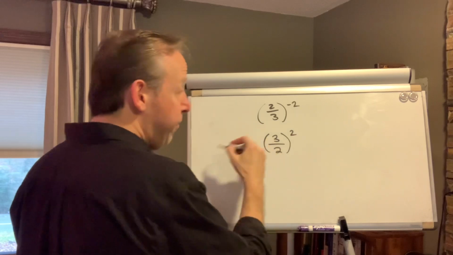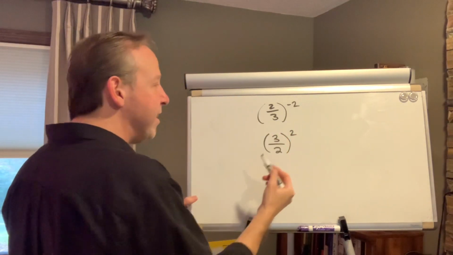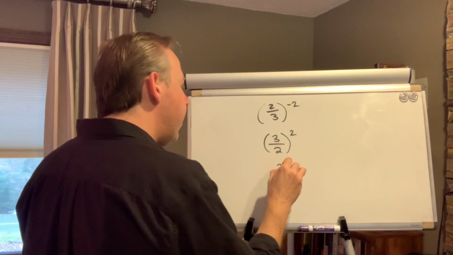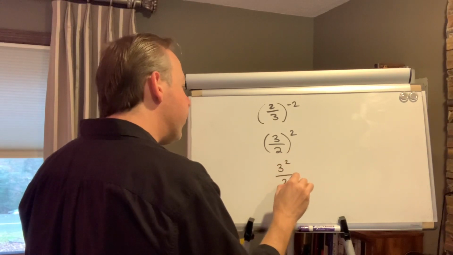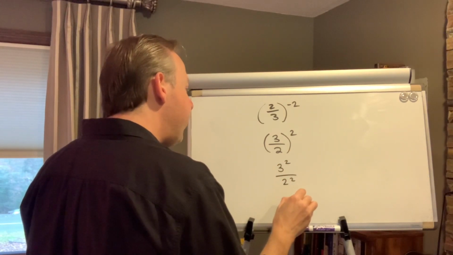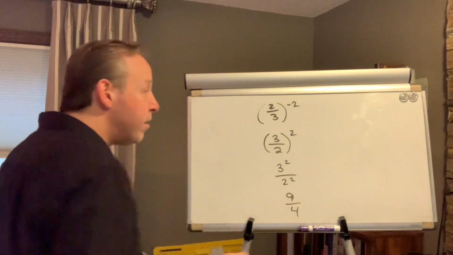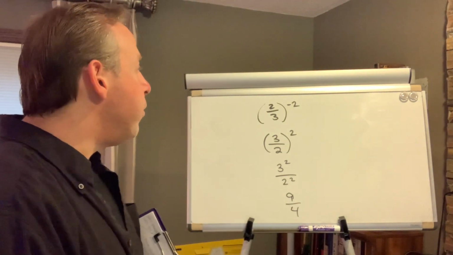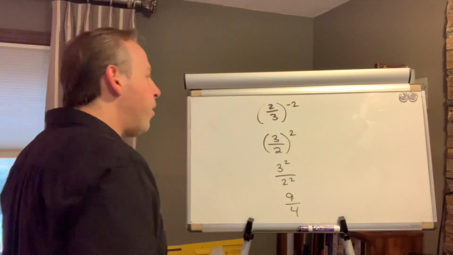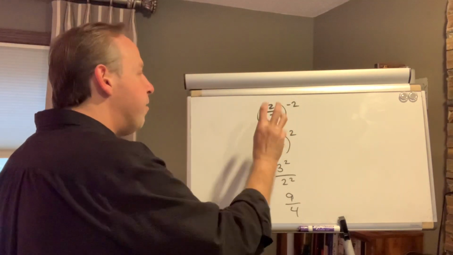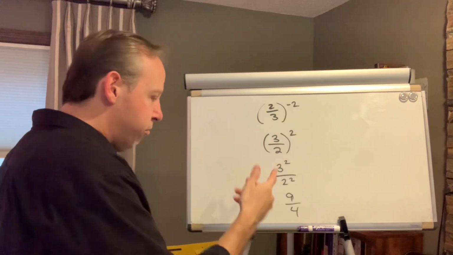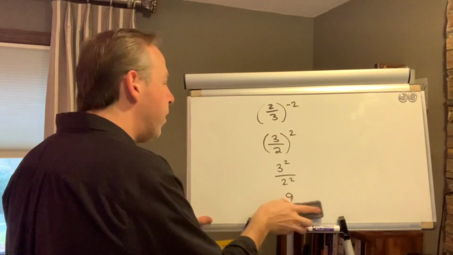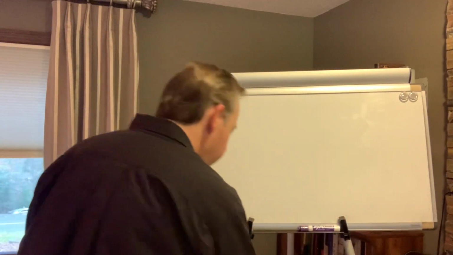And now because we have a quotient in parentheses, the numerator gets the power and so does the denominator. And that means the answer is 9/4. All right, so we used more than one rule just now. We used the rule of the negative power, and we used the rule of the values in parentheses, and then we resolved the problem.